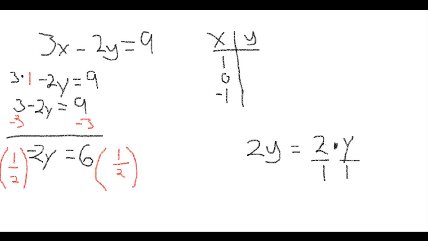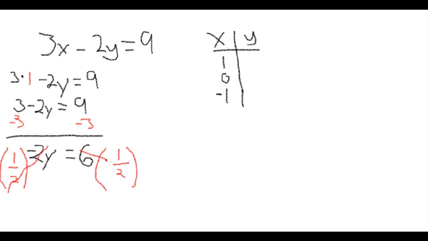And we're just multiplying these terms. So in order to get rid of this 2y, or this 2, specifically the 2, we have to multiply by the inverse, which is 1 over 2. I hope you all see that.